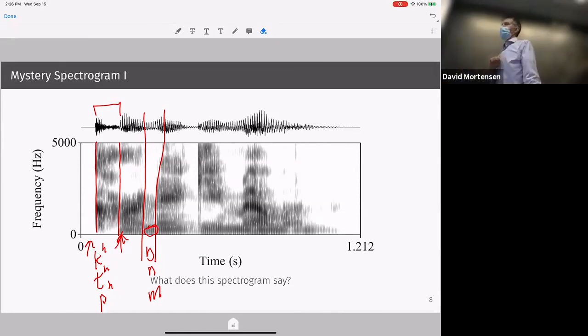So when you're reading a spectrogram like this, you're employing both a channel model and a source model. When we're doing speech technologies, we usually refer to the source model as the language model.